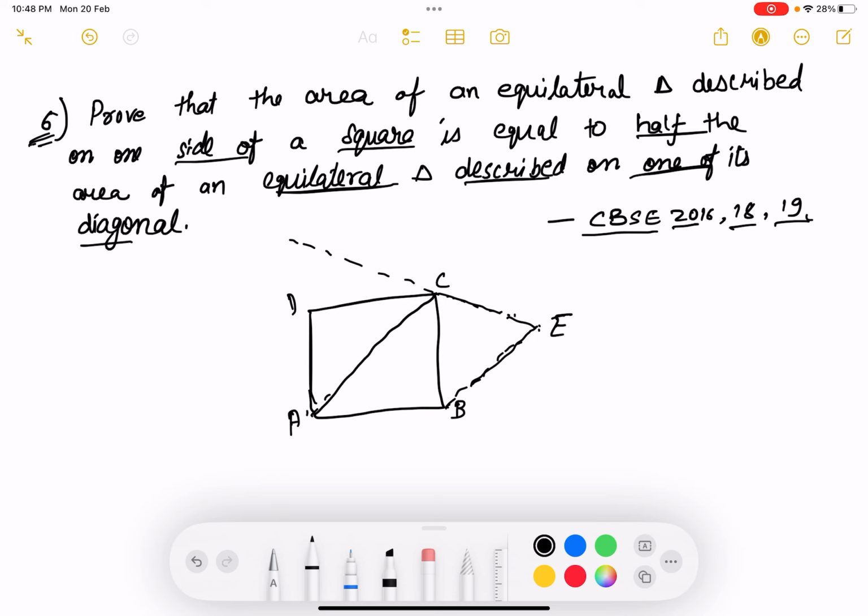Let's draw an equilateral triangle on the diagonal, and let's name this as F. Okay, I'll use some different color. This is the equilateral triangle.